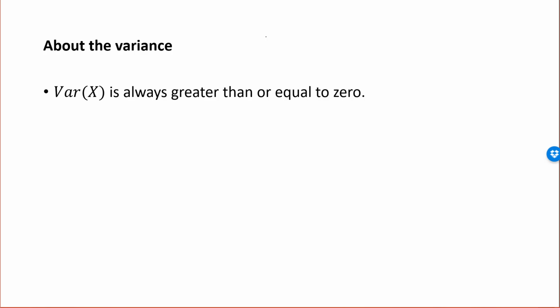So the square deviation is 0, weighted with 100% and you get 0. But as soon as the random variable can take two values that are different from each other, each with a positive probability, both of the square deviations will be non-zero and the variance will be positive.